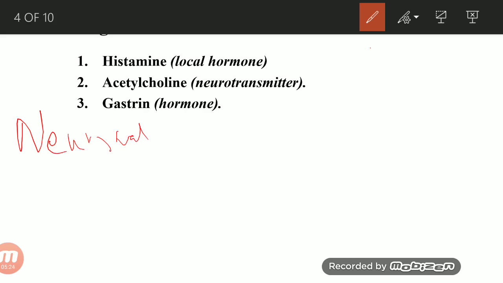Whenever you think about food, you see food, you smell food, anything related to food comes to your mind, your vagus nerve gets activated. This vagus nerve in turn can regulate your secretion of H plus ions.